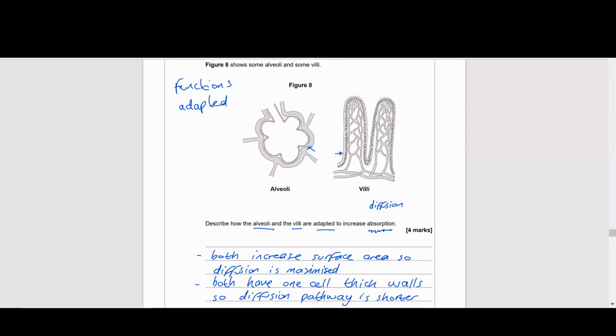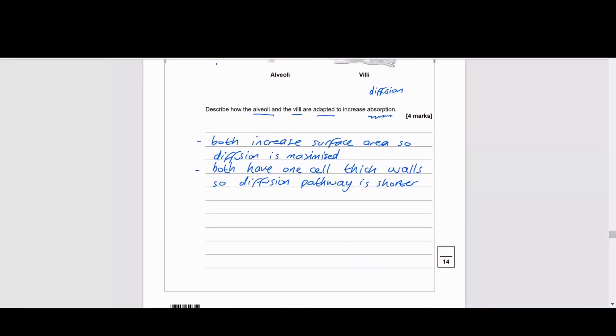Anything else that we can spot? Well, what's surrounding our alveoli and is also very close to our villi, these are supposed to be capillaries. So we can mention something about the capillaries and how that will help.